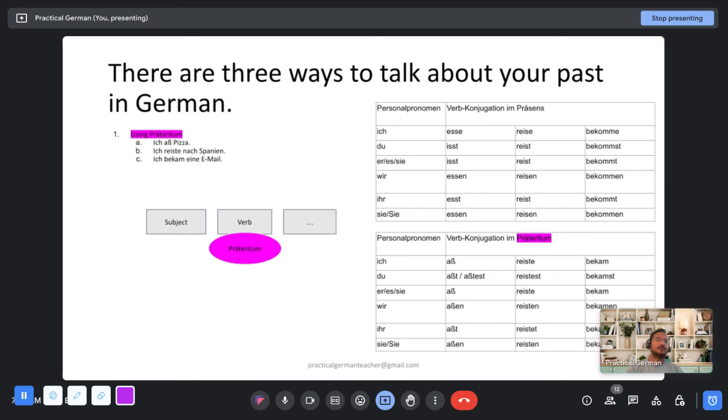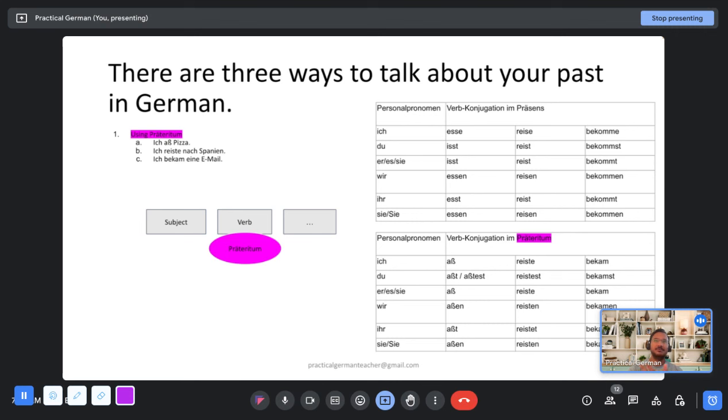Ich aß, du aßt, er aß, wir aßen, ihr aßt, sie aßen.